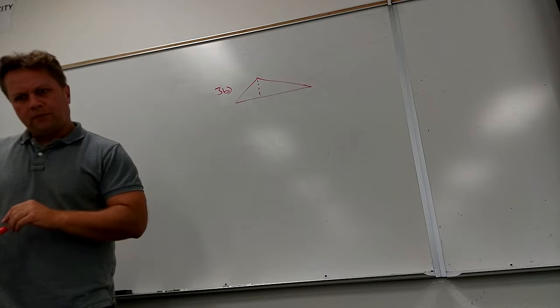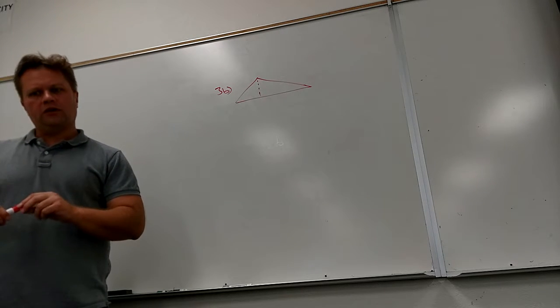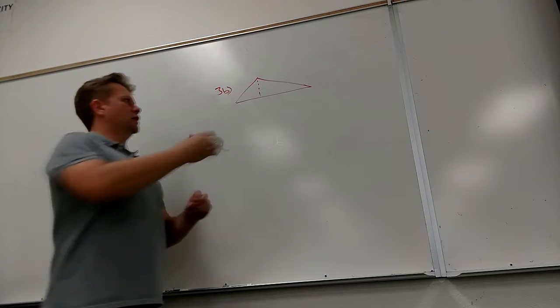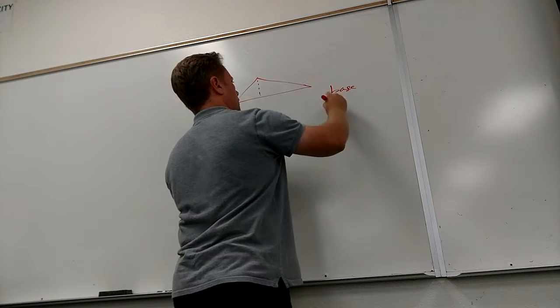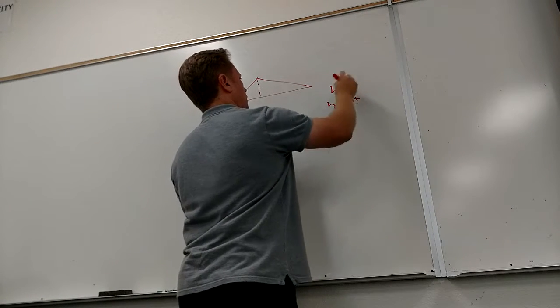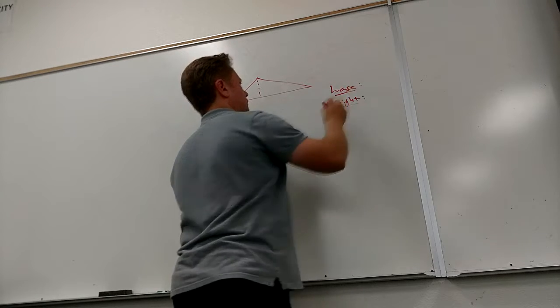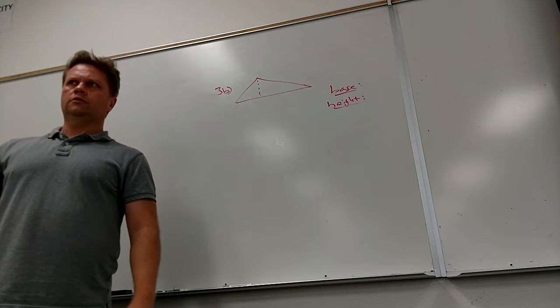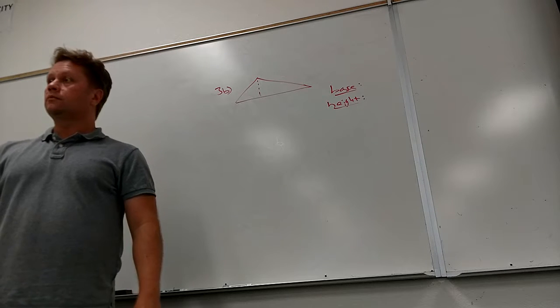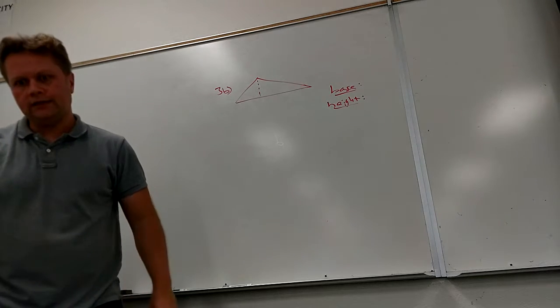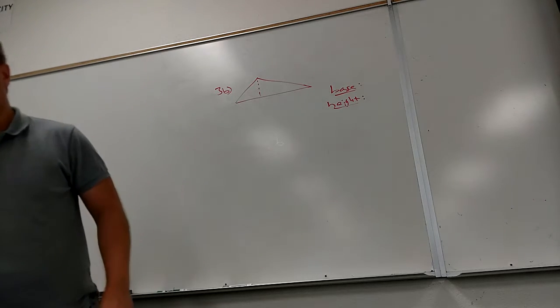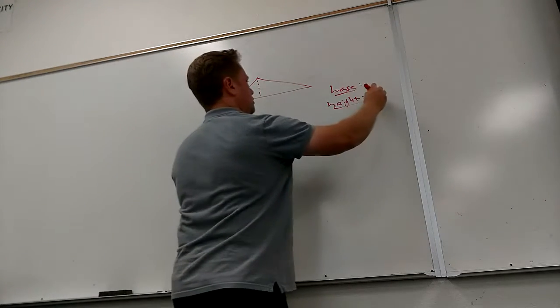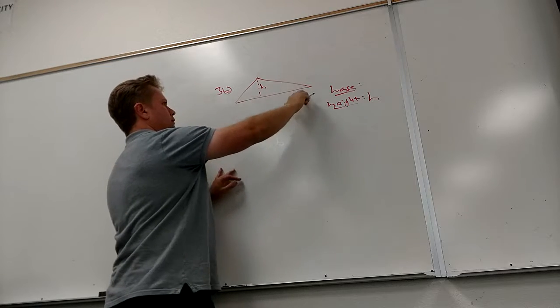It says the base is 20 feet shorter than 3 times the height. So I got base and I got height. Which one am I going to give a letter first? Which one does the other one depend on? Height. The base is 20 feet shorter than 3 times the height. So if I call the height h, what's that make the base?